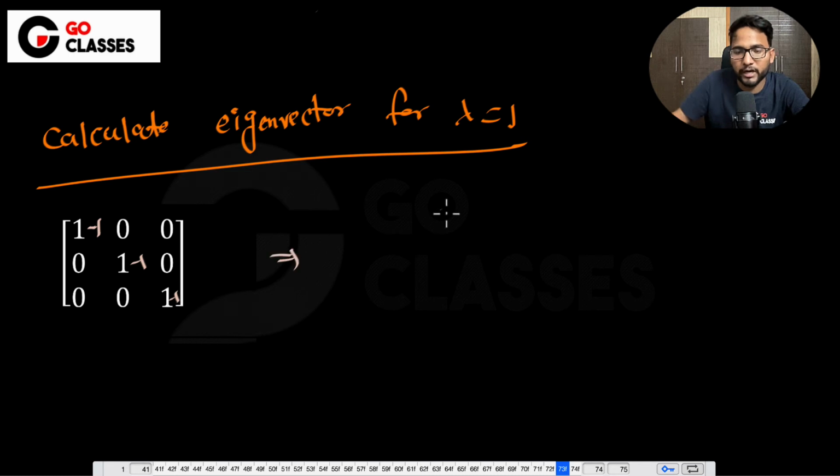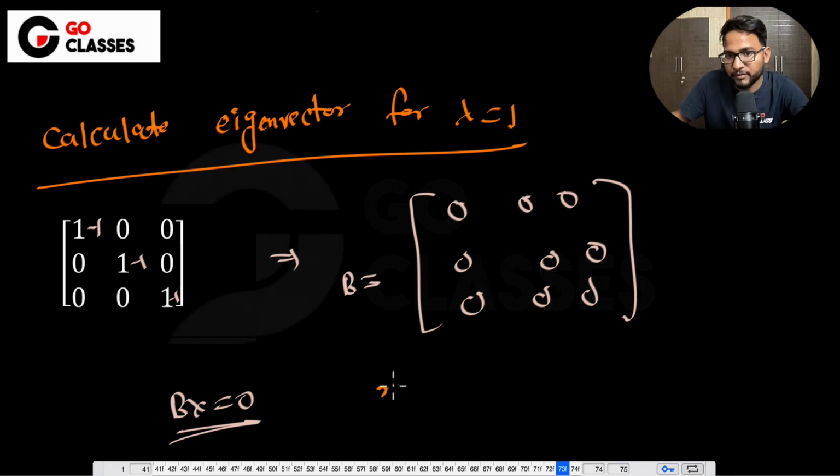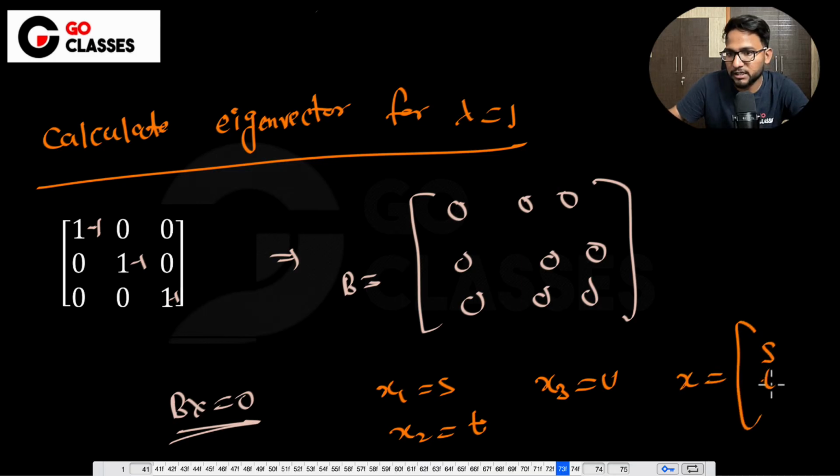So basically you are getting 0, 0, 0, 0, 0, 0, 0, 0, 0, right? And this is the B you got. Now you want to solve for Bx equal to 0. Can you do it? As you can see, x1, x2, x3 all are free variables here. So you can say that x1 equal to s, x2 equal to t, maybe x3 equal to u. Which means that finally you got a vector which is just like this: s, t, u.